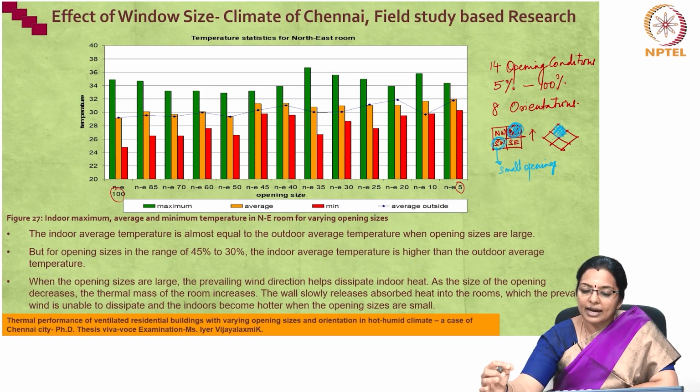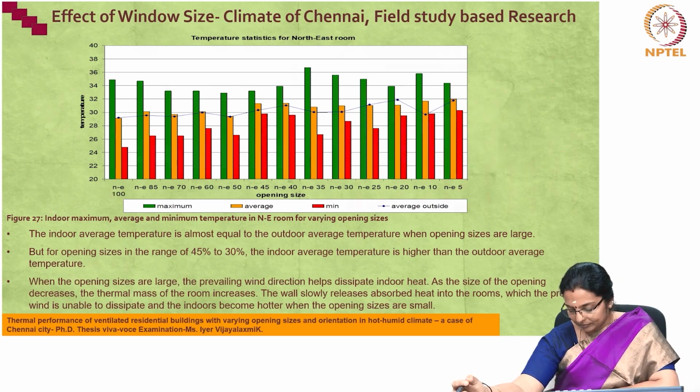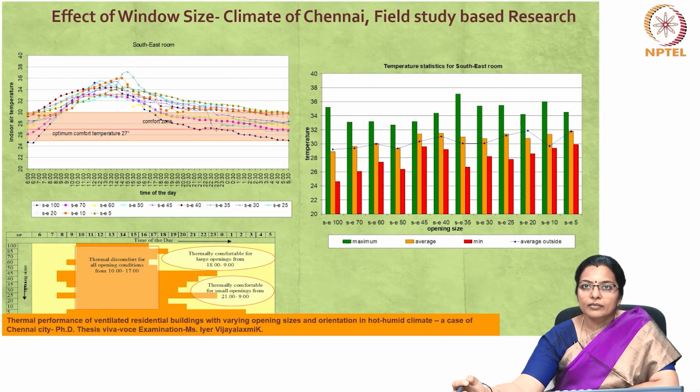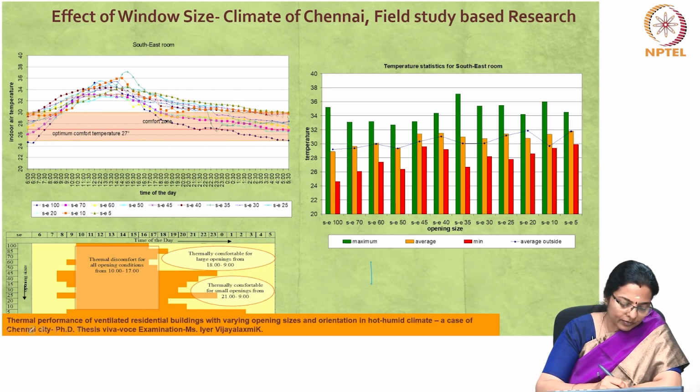And then here I am specifically taking only the northeast room to demonstrate how size of the window matters with respect to the indoor thermal performance. We will also see one more example. So, here we are taking the southeast room, as I had told you.